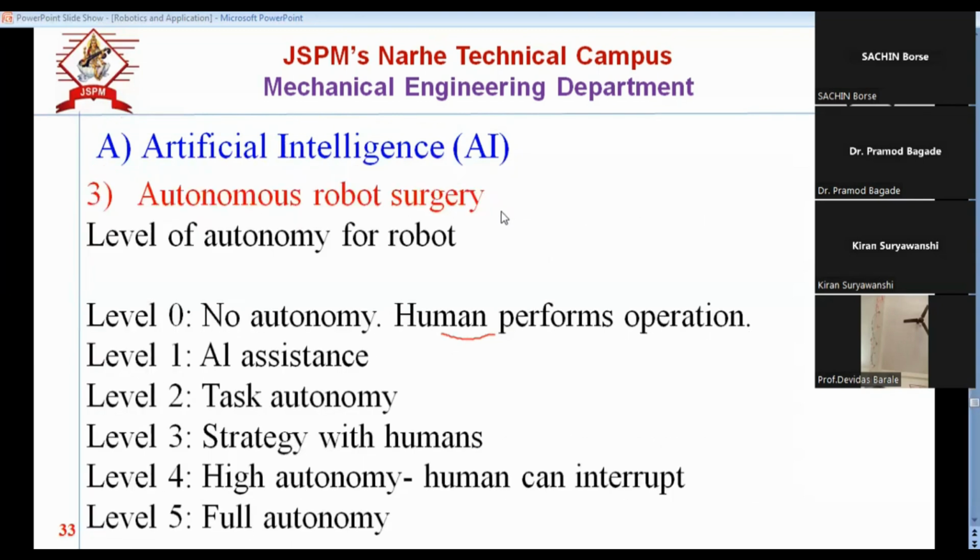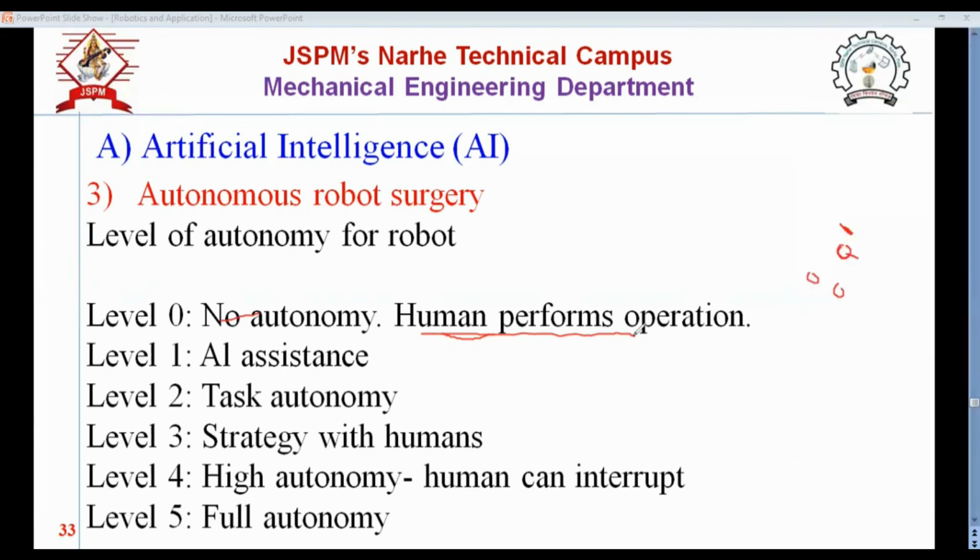There are different levels of autonomy for autonomous robot surgery. There are 6 levels of autonomy here. The first level, no autonomy, means only the human will perform the operation. Whatever robotic surgery is happening now is level 0. Everything is performed by the surgeon, and the things are just copied by the robot. Then level number 1, artificial intelligence will help the surgeons to take decisions.